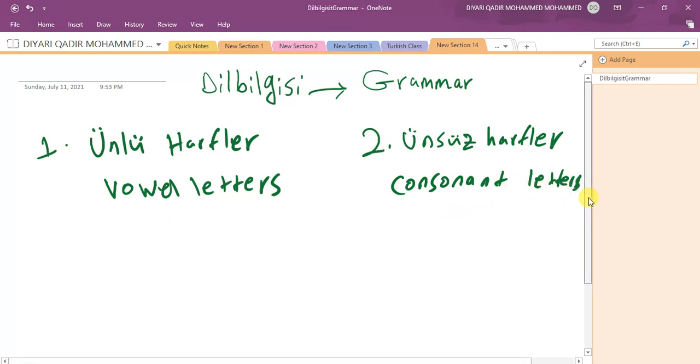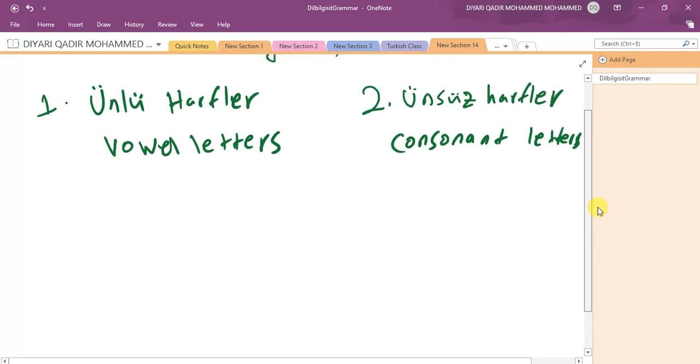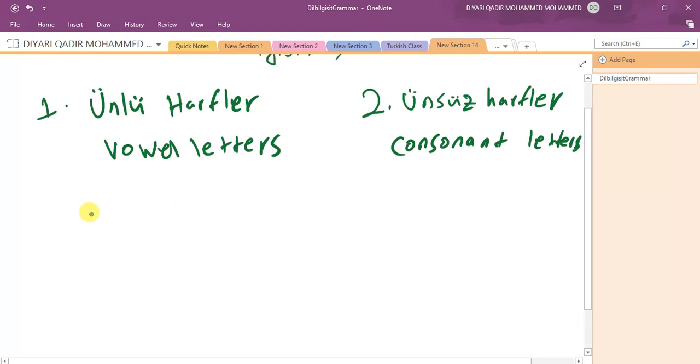So the first section, the vowels, is divided into two parts. The first one is called kalın ünlü harfler. Instead of saying this, kalın means something like thick, thick vowel letters, let's say.